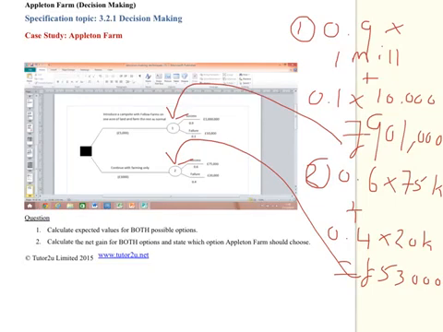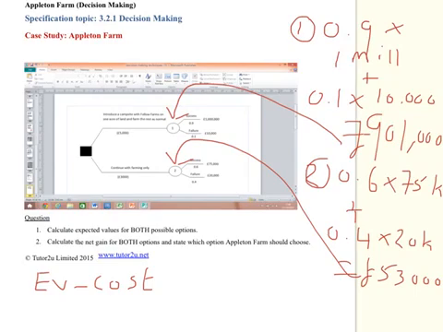So the question asks for the net gain for both options as well. So remember, to work out the net gain, it was just the expected value which we've calculated minus the cost of each potential choice. The cost located underneath the choice, or the possible choice.